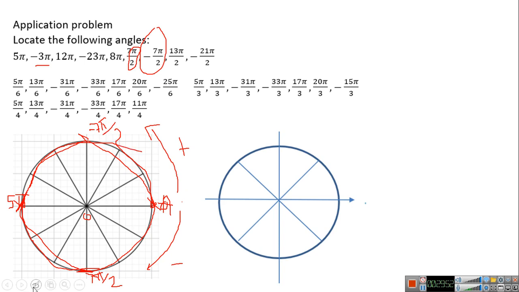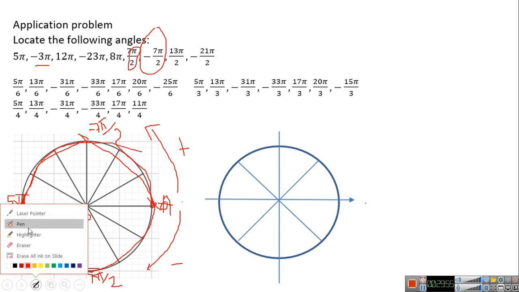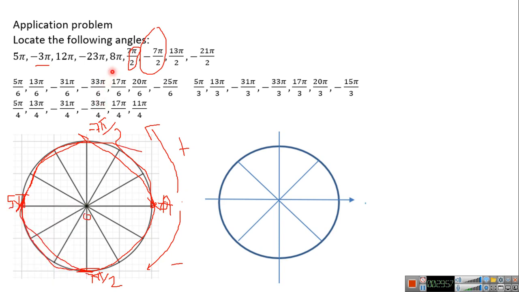Let me use the laser, you can see more. I'm going to repeat: 1 pi over 2 is 90, 2 pi over 2, 3 pi over 2, 4 pi over 2, 5, 6, 7 pi over 2; minus pi over 2, minus 2 pi over 2, minus 3 pi over 2, minus 4 pi over 2, minus 5, minus 6, minus 7 pi over 2 here.